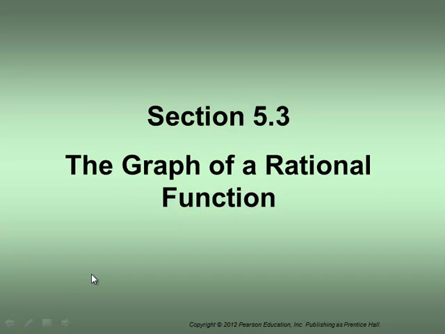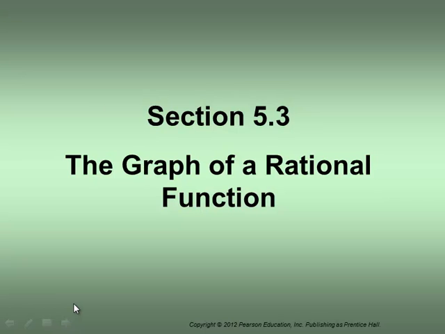This time focusing on graphing them, which is another way of saying examining the behavior of rational functions by constructing the graphs without necessarily relying on a graphing utility.